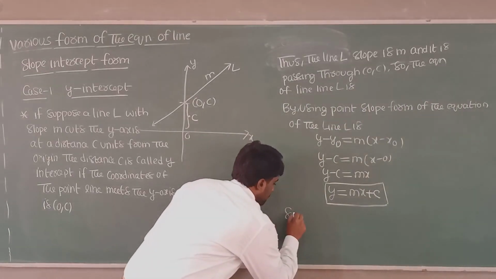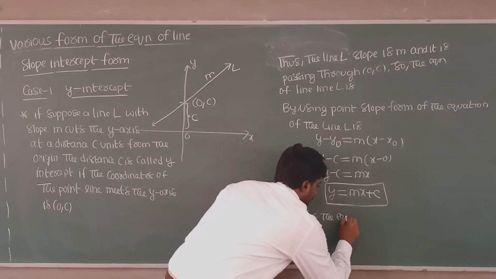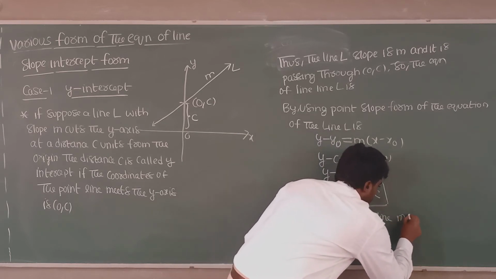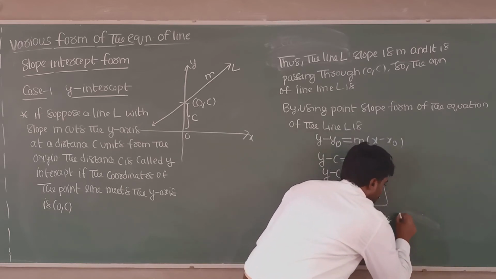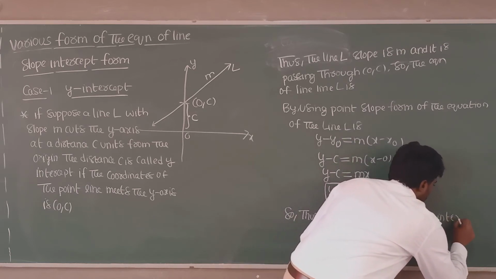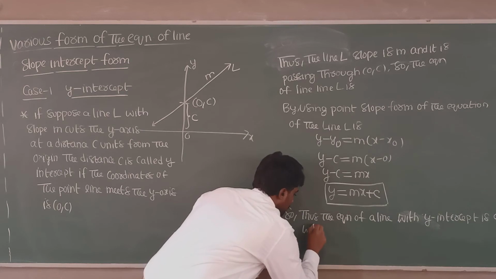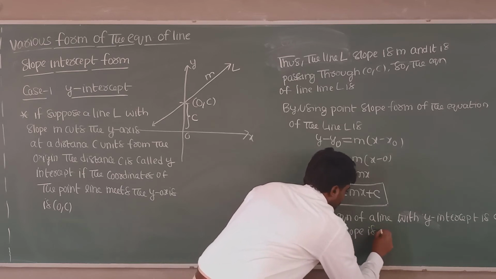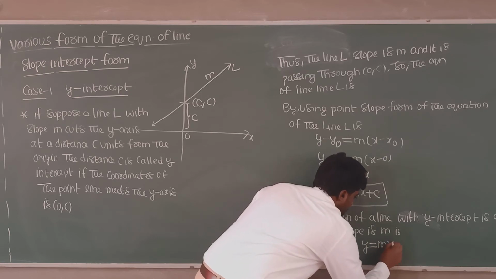So, the equation of a line with y-intercept c and line slope m is y equal to mx plus c.